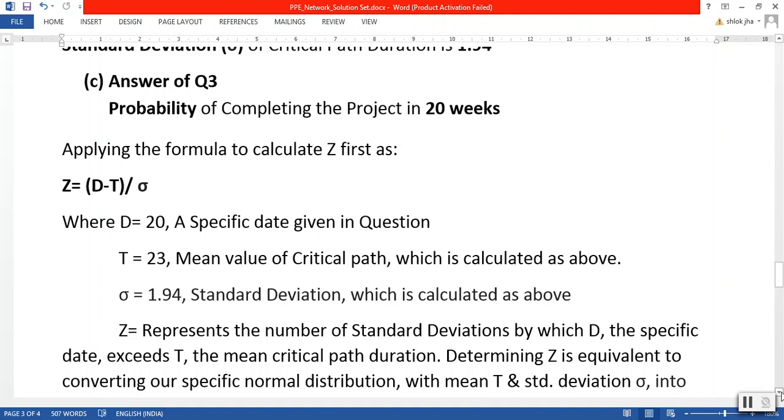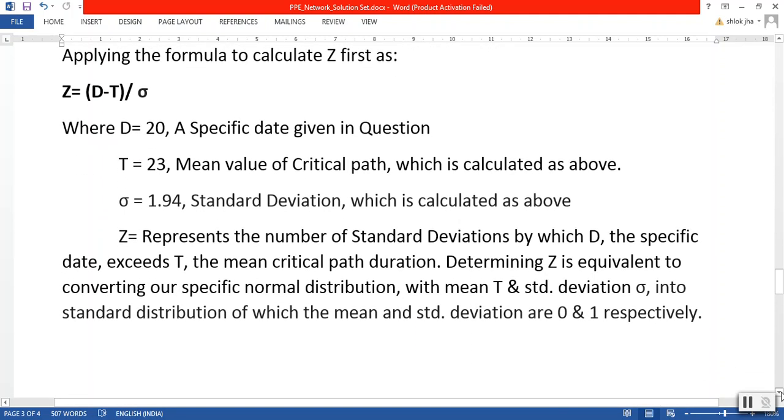T is the mean value of the critical path, meaning the critical path duration, which is calculated as 23. So T is 23, and delta we know is 1.94, the standard deviation, calculated as above. Now we need to understand what Z is. It represents the number of standard deviations by which D, the specific time given in the question, exceeds T, the mean value of the critical path.